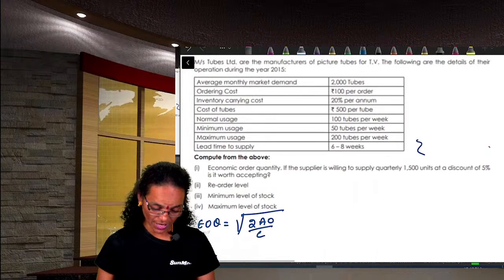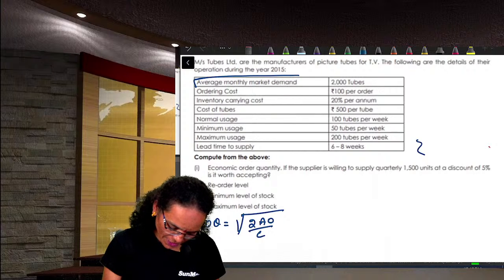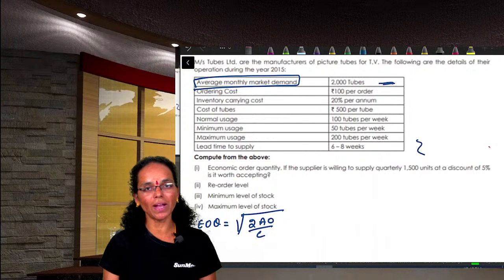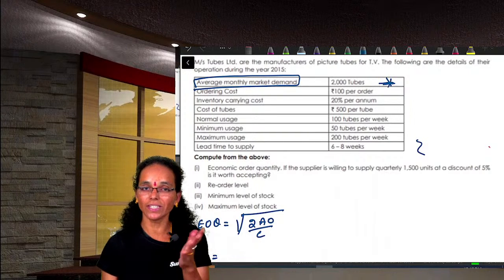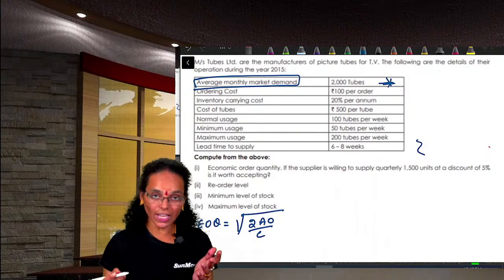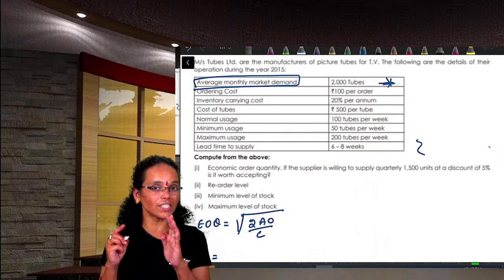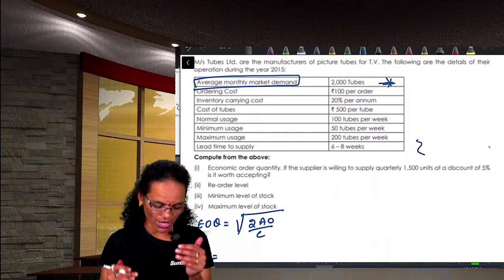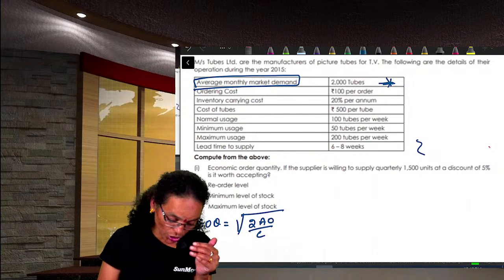Ordering quantity. Where you go wrong, I'll tell you. See, average monthly demand is given. This is the demand, not your consumption. So market demand, you will not take into consideration for purchasing the inputs. You will take the inputs from the usage.